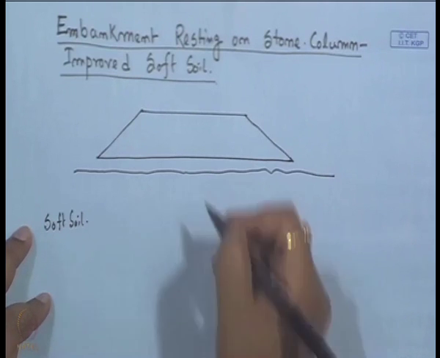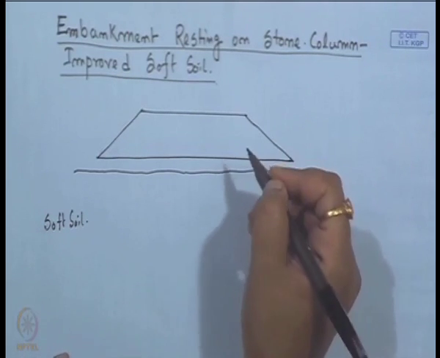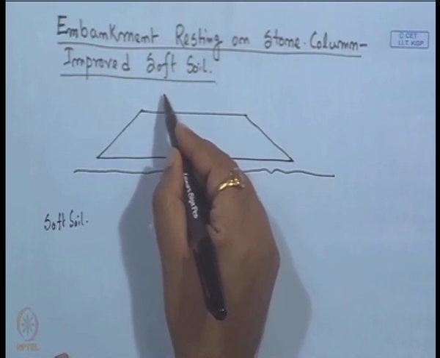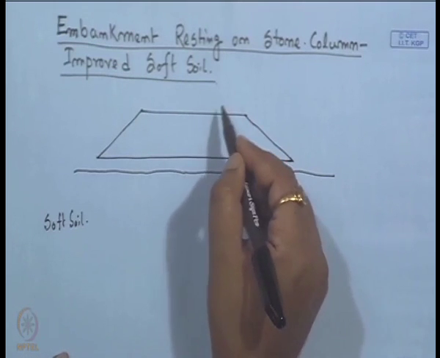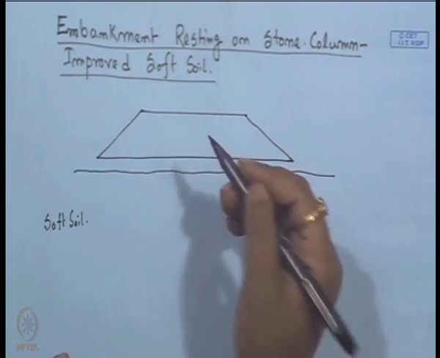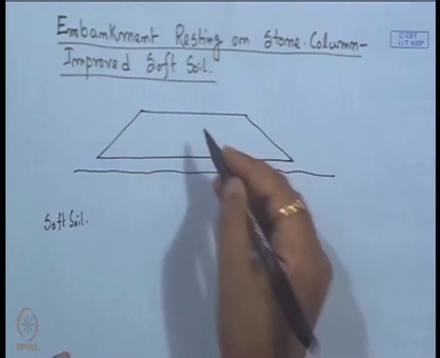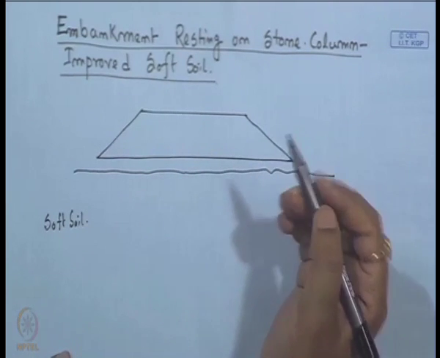On this existing soft soil we have to construct an embankment, so that here we can construct the road or the railways. So, it is very important for railway, roadway and traffic engineering.